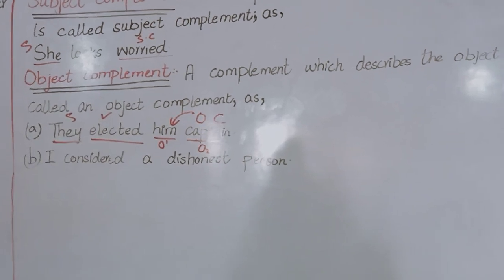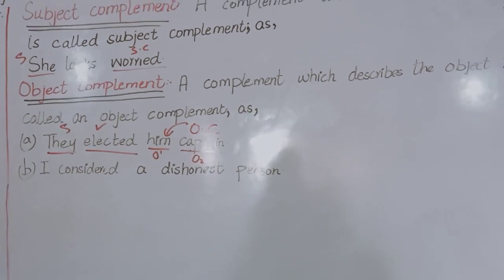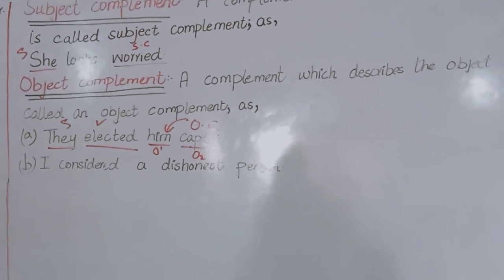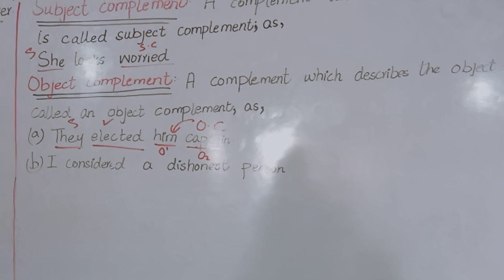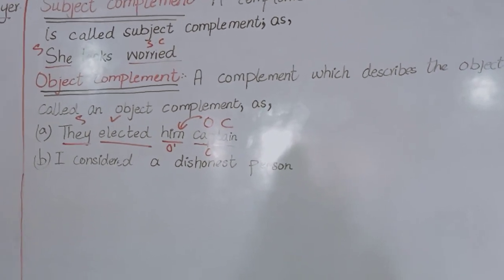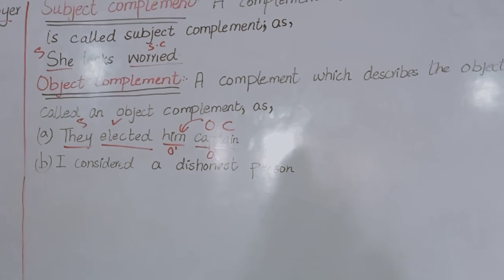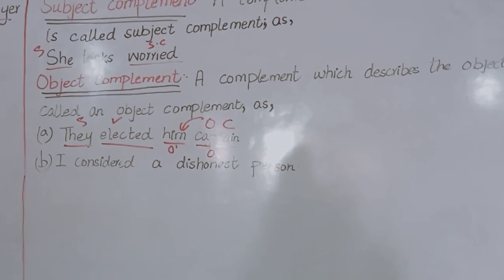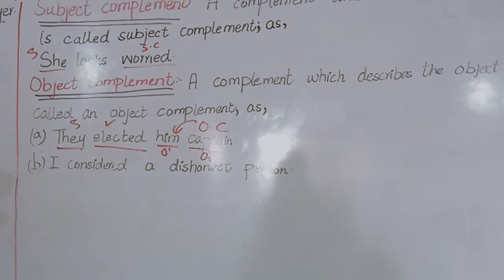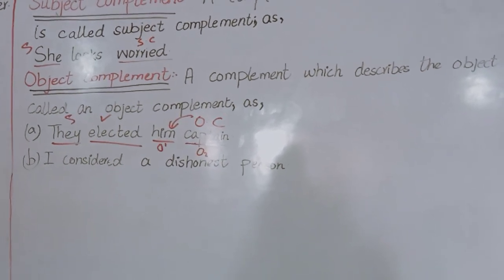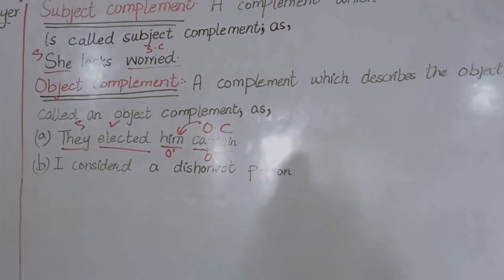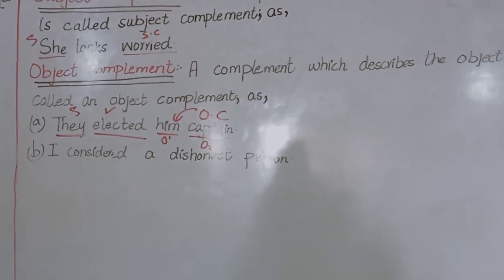The shortest definition is that what completes the object is called an object complement, and what completes the subject is called a subject complement. It may be an adjective, a pronoun, an infinitive, a present participle, or things like that.